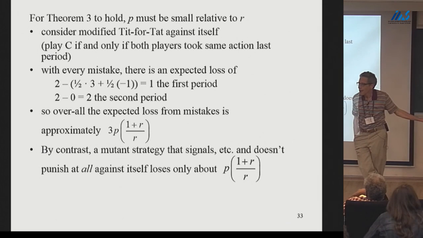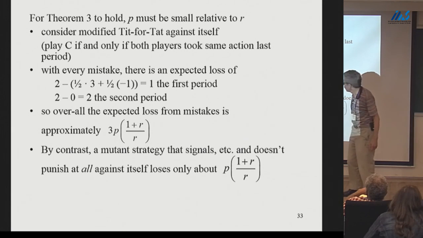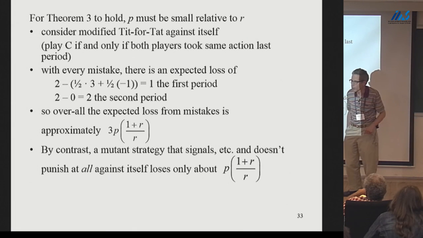That's a problem. No, these are only approximations. It's a first order approximation. The second order considerations will take over if R and P are of approximately the same magnitude.